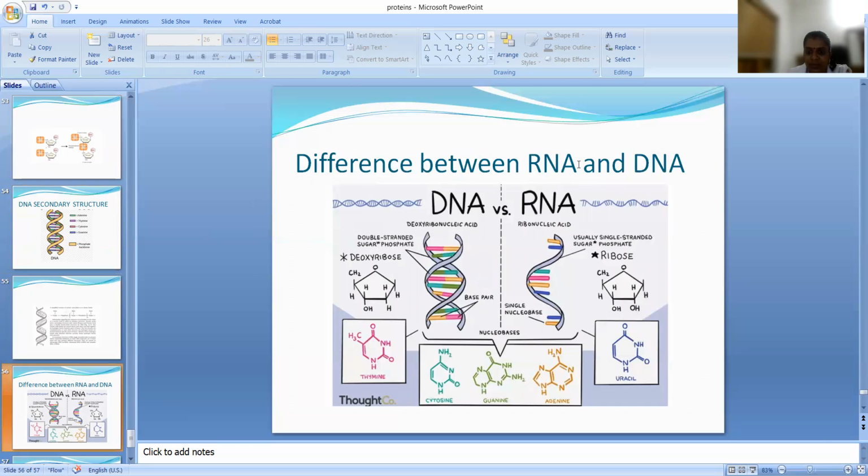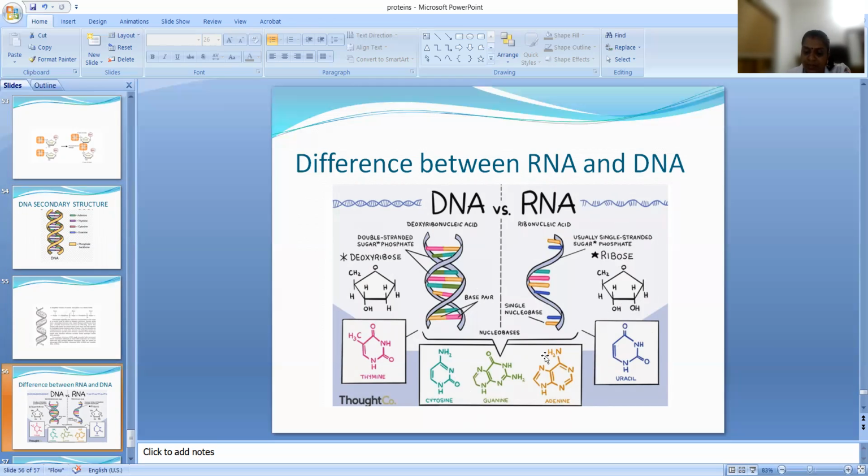Now let us see the difference between RNA and DNA. DNA has a double strand, but RNA is single strand. Deoxyribose is the sugar present in DNA, and ribose is the sugar present in RNA. Thymine is present in DNA, and uracil is present in RNA.